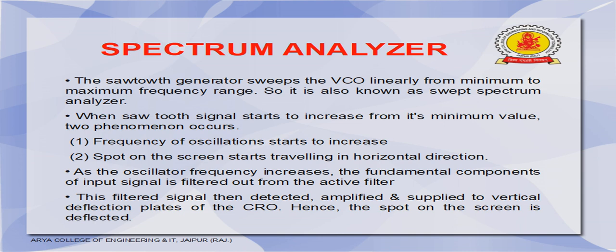As the oscillator frequency increases, the fundamental component of the input signal is filtered out by the active filter. This filtered signal is then detected, amplified and supplied to the vertical deflection plates of the CRO. Hence, the spot on the screen is deflected.